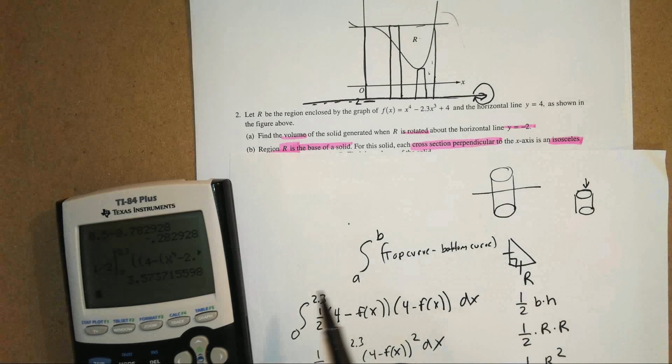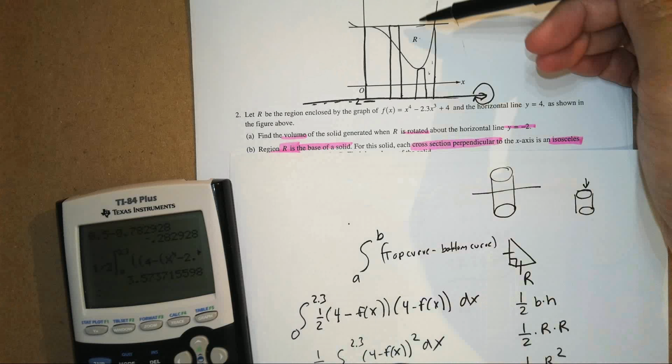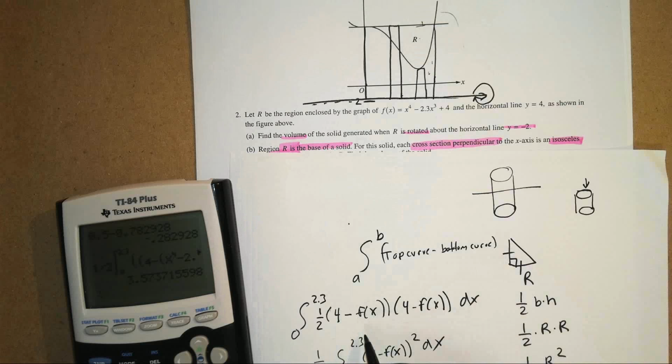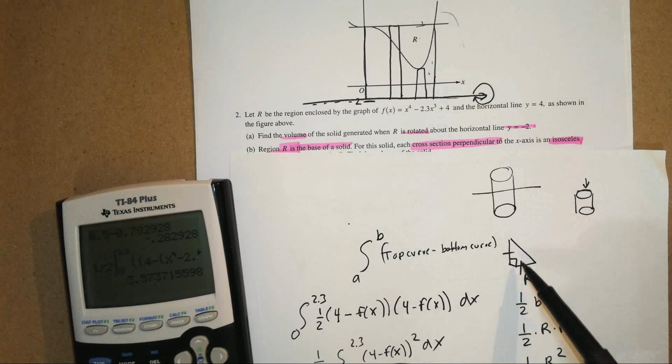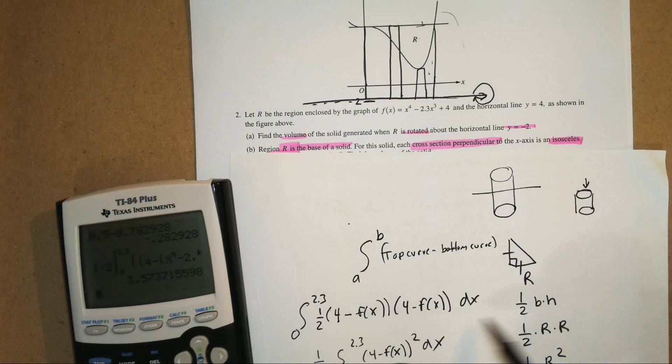They told you the base was the region R, which is top curve minus bottom curve, 4 minus f of x. So the next thing you have to figure out is, what's my height? Well, if my base and my height are equal to each other, it's half times base times height. Multiply the base and the height together, which is this region times this region, region squared, times half because of the triangle. Plug into your equation using the integral formula, and then make sure you plug into your calculator right.